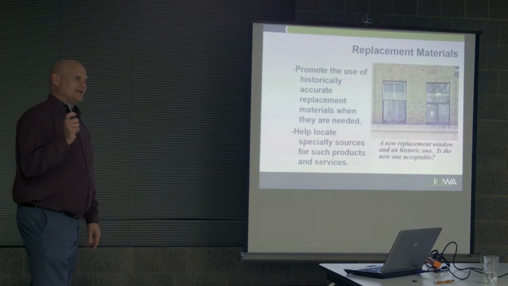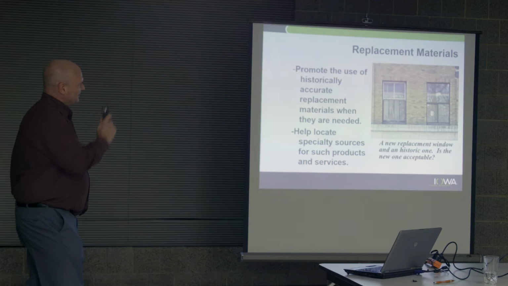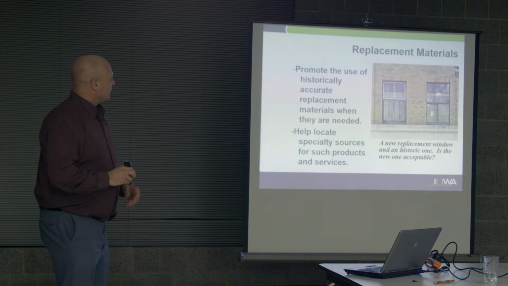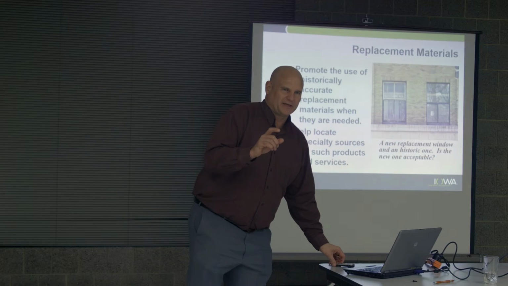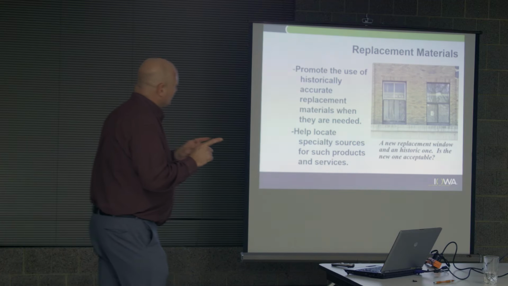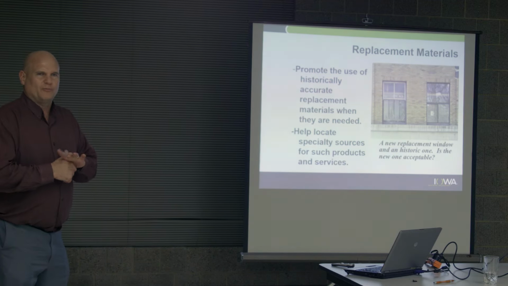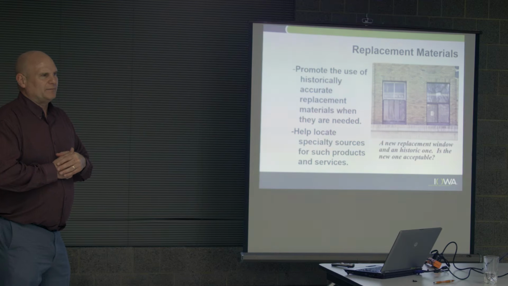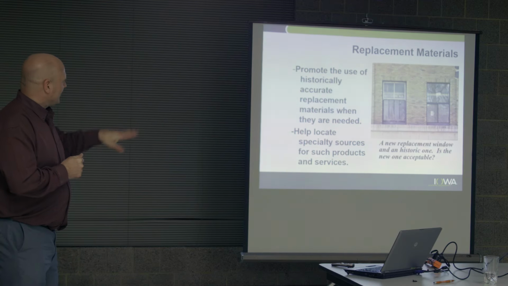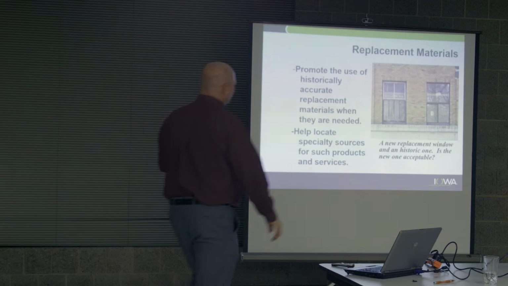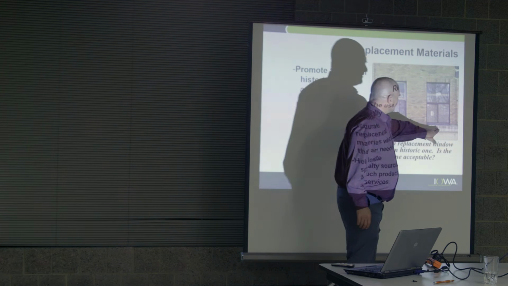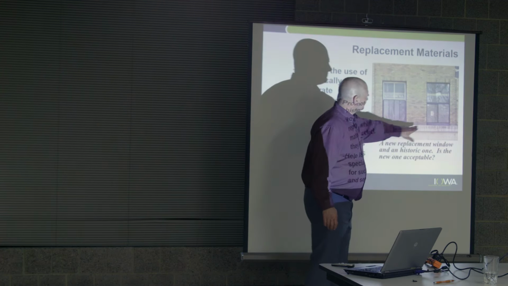Now, this is one of these things that we put up here. This is a picture that was actually up there before. This is a replacement window example, and this is where you can get really deep into the weeds when we start talking about doing design review and appropriate rehabilitation and things like that, okay? So this is a new window that was put in this building right over here, and here's the historic window.